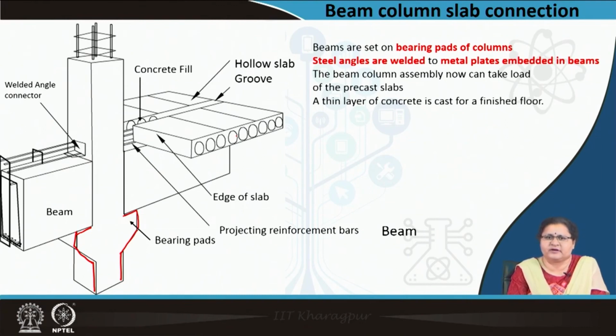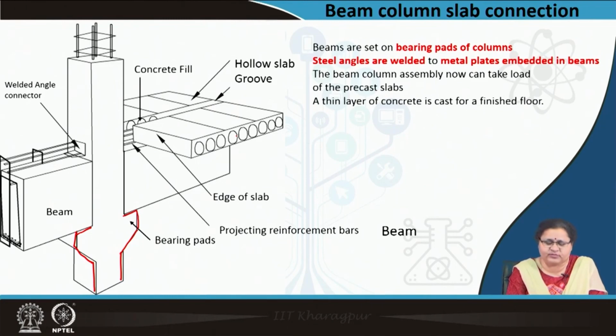In the case of the cast in situ system, we do not have such options. There, beam, column and slab are all cast in one day and then it is left for curing. So there is continuity between the entire structure. It becomes monolithic. Here that is not possible because you are assembling or integrating piece by piece.